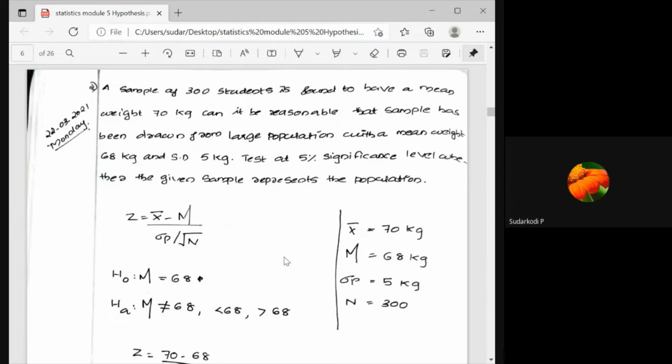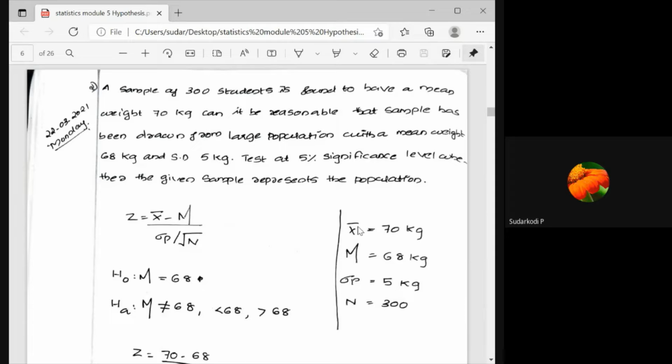If the data is there, then you have to go for Z test, because the same sum can be solved even in t-test. When you do the t-test formula, there will be a small difference in the formula. You will have the standard deviation of a sample. Suppose the sample standard deviation is given, then you cannot do z-test, so you have to go for t-test.